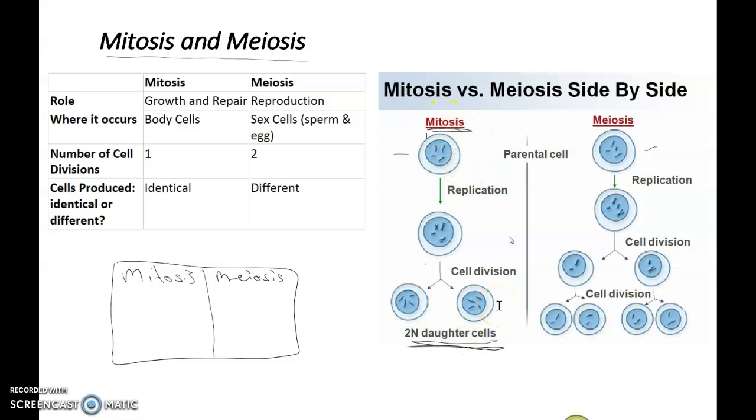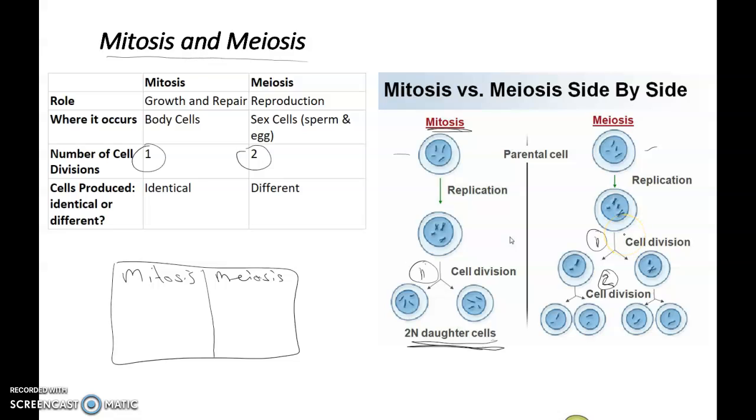So looking at our table, the number of cell divisions, you'll notice that this table says 1, and that is just showing you that one cell has split once into 2 cells. Now, if we're comparing that with meiosis, where it has 2, we've got 1 cell division here, but then we've also got a second cell division where both of those cells split again.